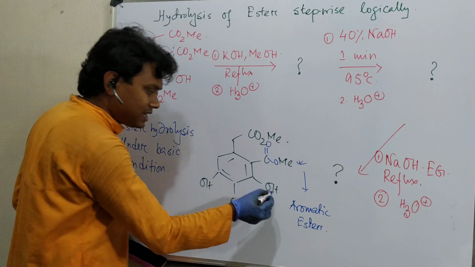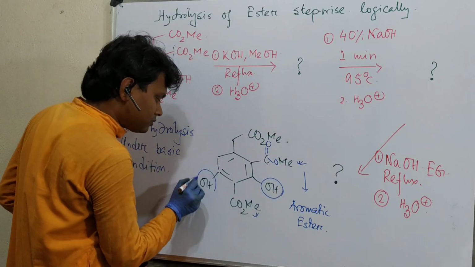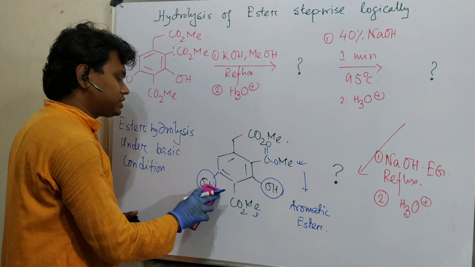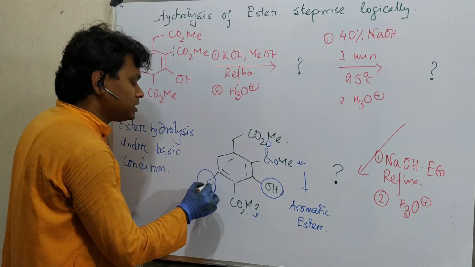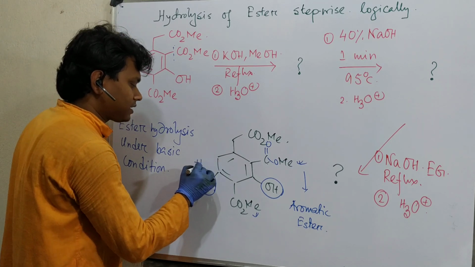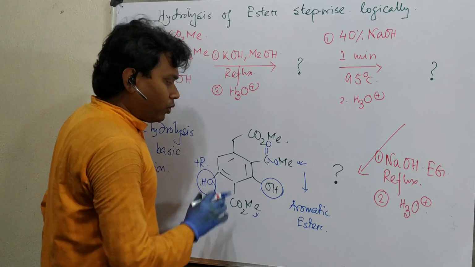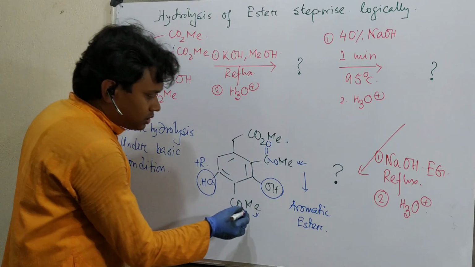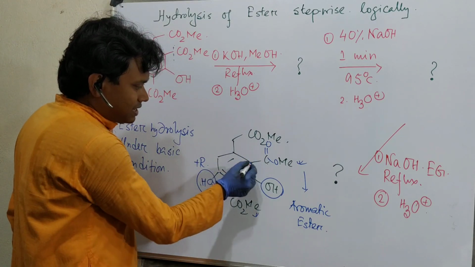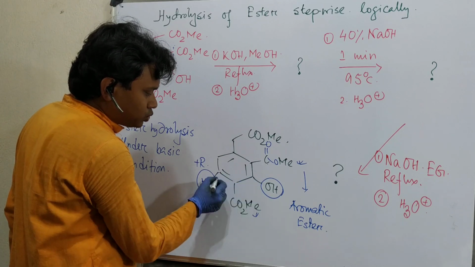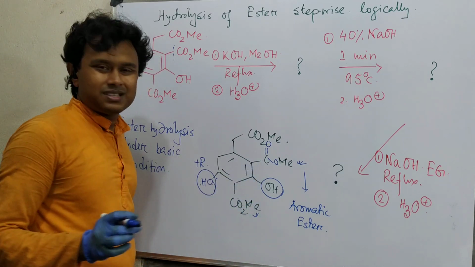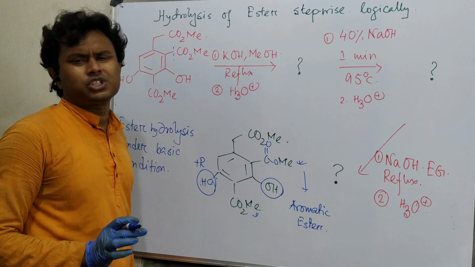Apart from that, there are two OH groups, which are electron releasing, plus R effect. This one is in between two oxygens. There are some differences like ortho and para, but not that much contribution.